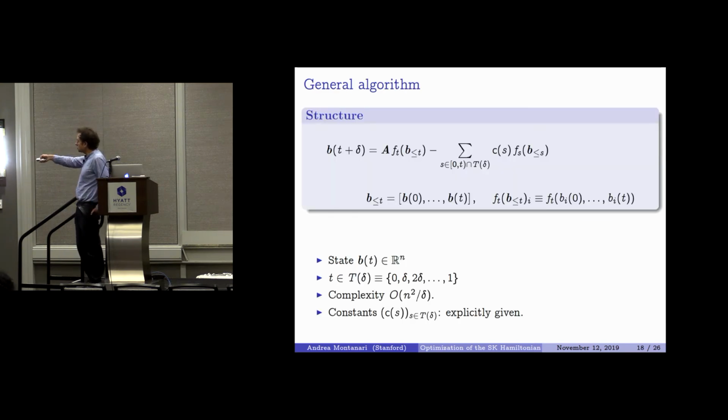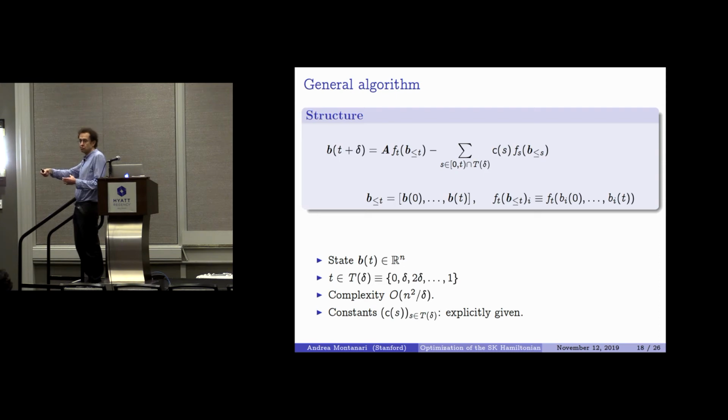Okay, so the structure of the algorithm is very simple. You have a state that is an n-dimensional vector, so you have a real number for each vertex of your graph if you are doing max cut. And then you have iterations, and I'll index iterations in this funny way.